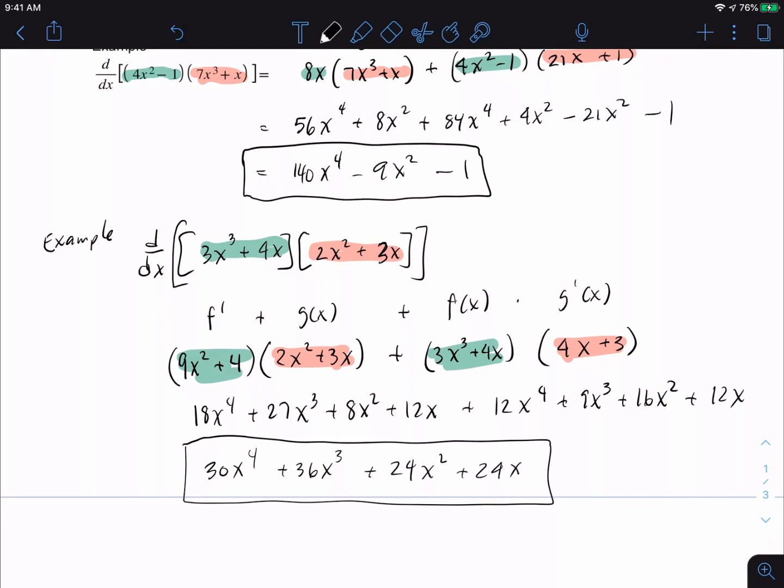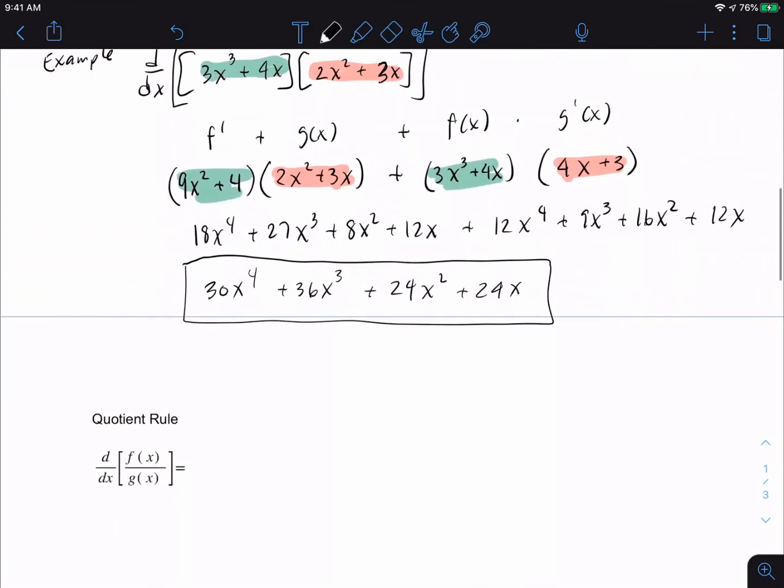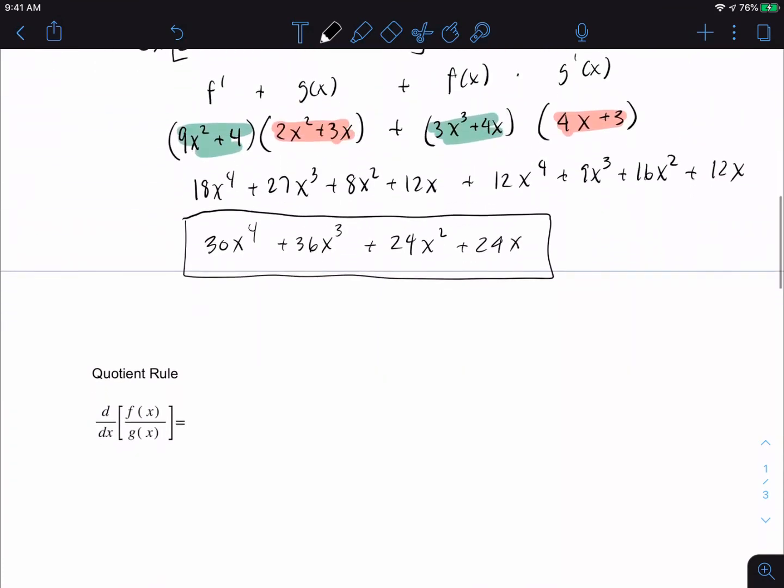Good. Okay, let me show you another rule, and this is the quotient. And the quotient rule is actually not too bad here. I'll leave that there so people can see. The way it works is it's going to be the derivative of the top, or what we call the numerator, times the denominator minus, and that's the big thing, it's a minus here, the numerator times the derivative of the denominator.